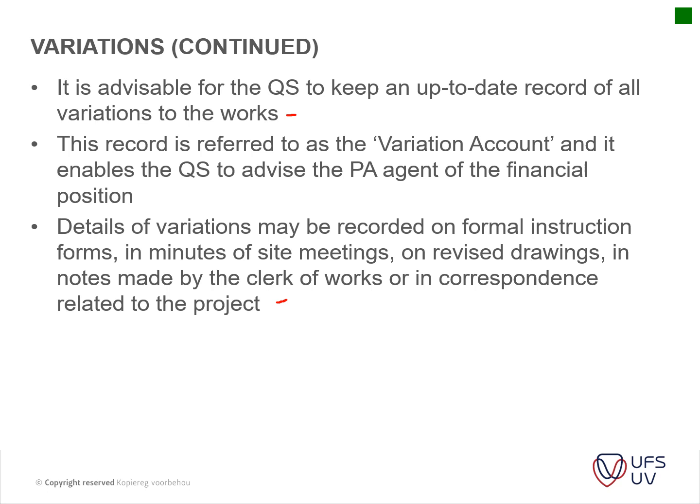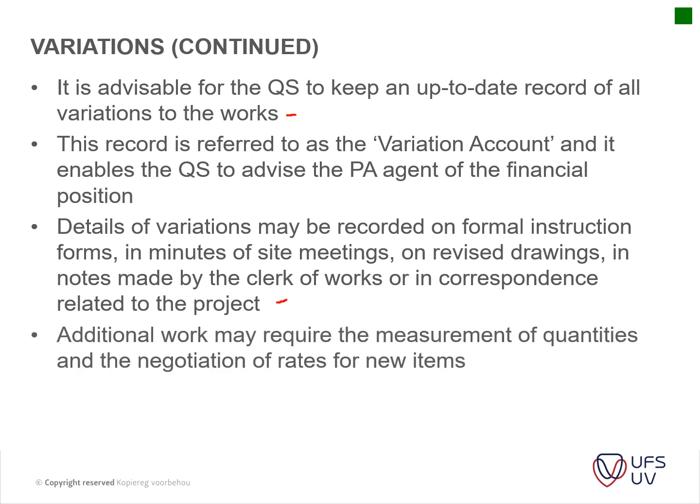Verbal instructions or variations are not seen as accountable or contractual instructions. So all variation orders have to be on paper. Additional work may be required, so there is measurement of quantities and negotiation of rates for new items.